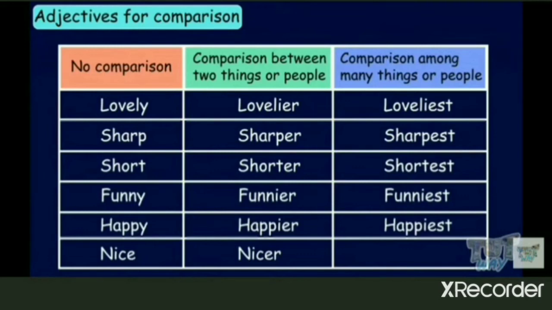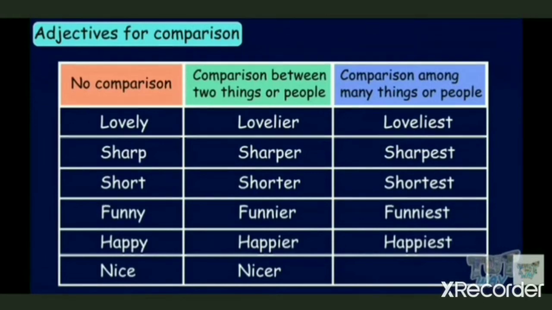So you see the examples: lovely, lovelier, loveliest, sharp, sharper, sharpest, short, shorter, shortest, funny, funnier, funniest, happy, happier, happiest, nice, nicer, nicest. These are called regular adjectives. There is a certain pattern in regular adjectives.